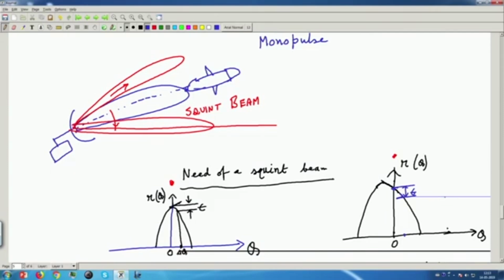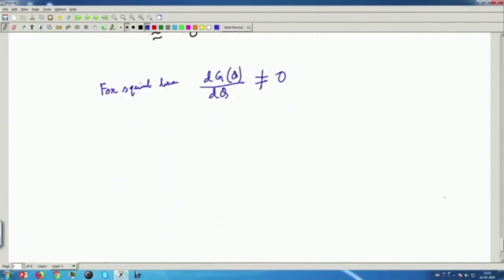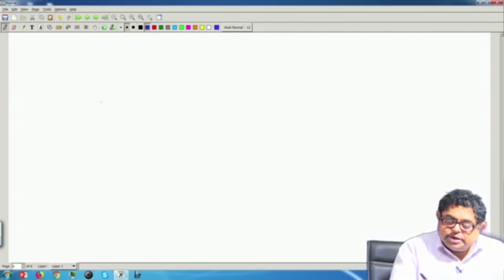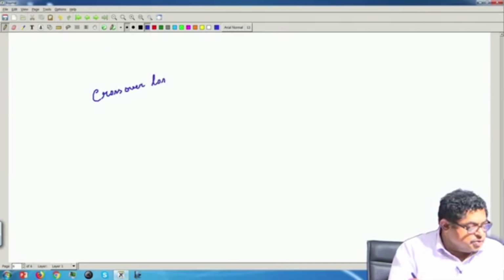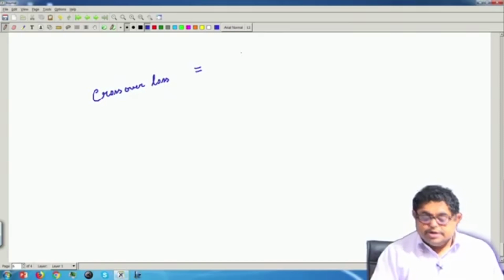So, though my slope is non-zero and more, I am suffering some signal loss. That means there is a loss of the echo signal, which is a weak signal. This loss is called crossover loss, due to the shift.